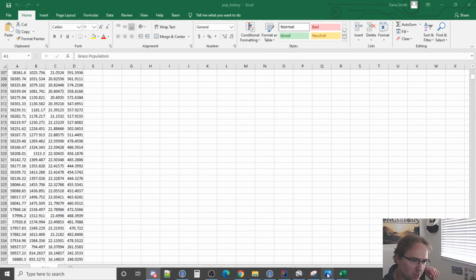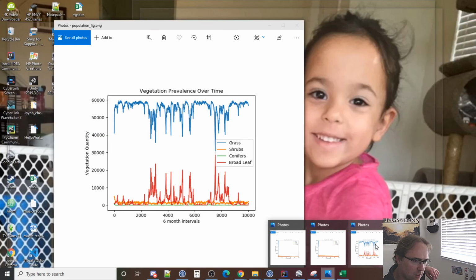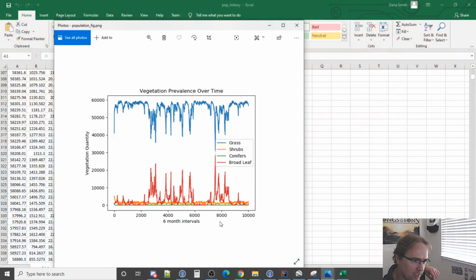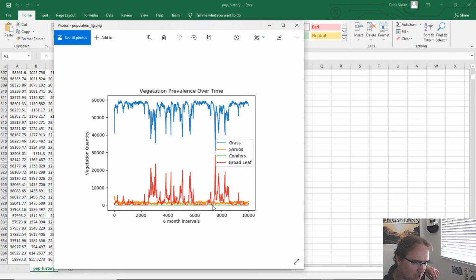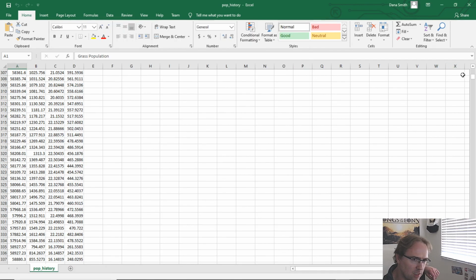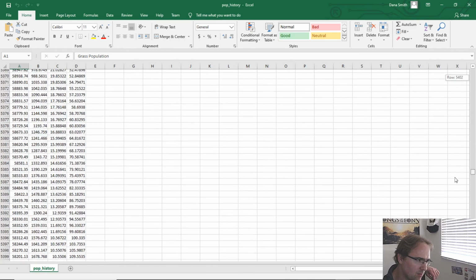Let's find one of those spikes. So at interval, okay, this is a good one. So at roughly interval 7,500 maybe? 7,500.